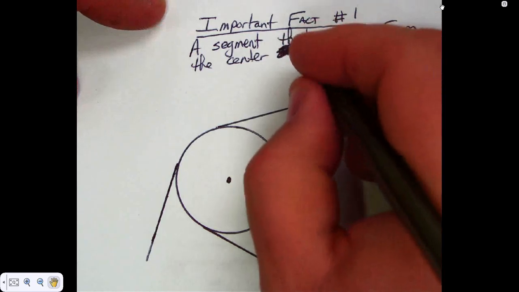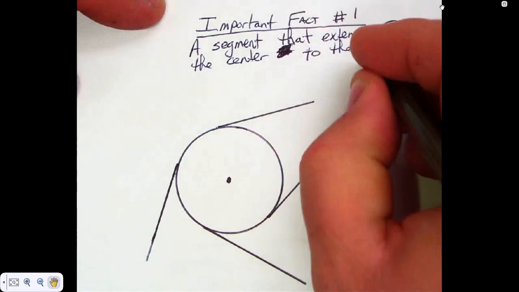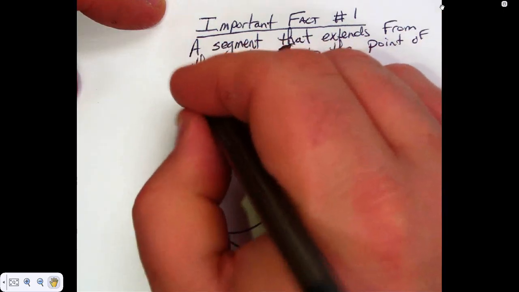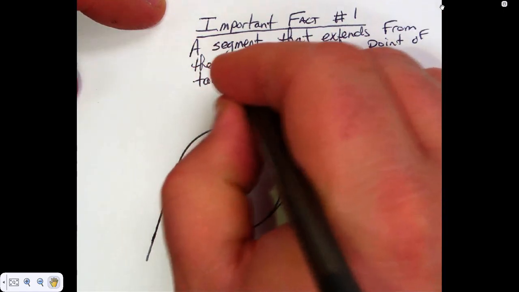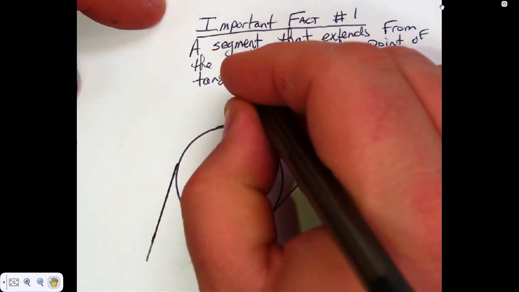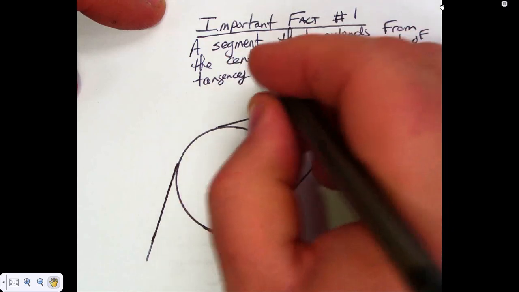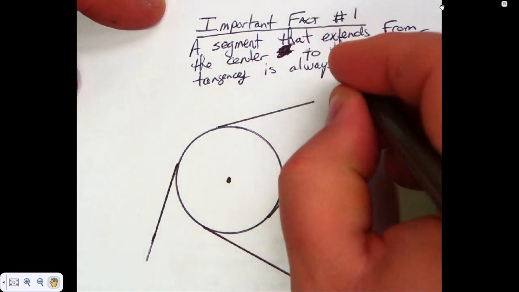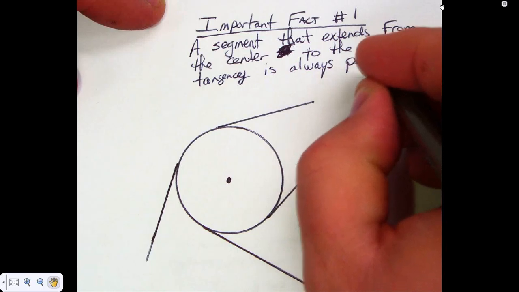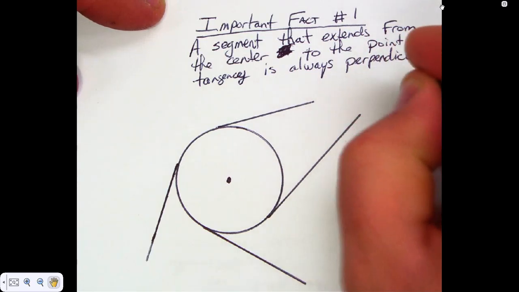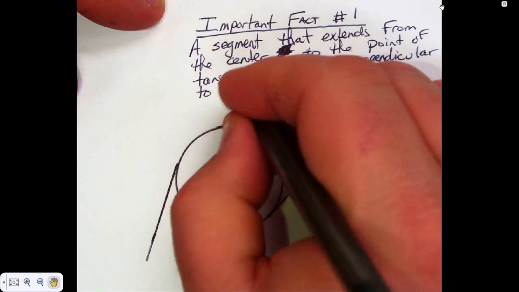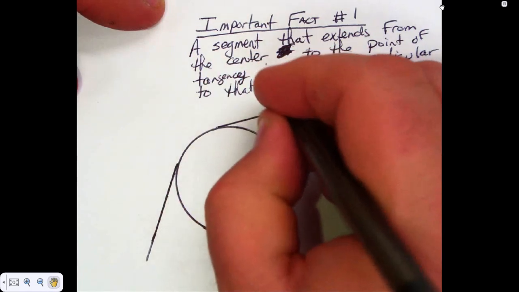From the center to the point of tangency is always perpendicular to that tangent.